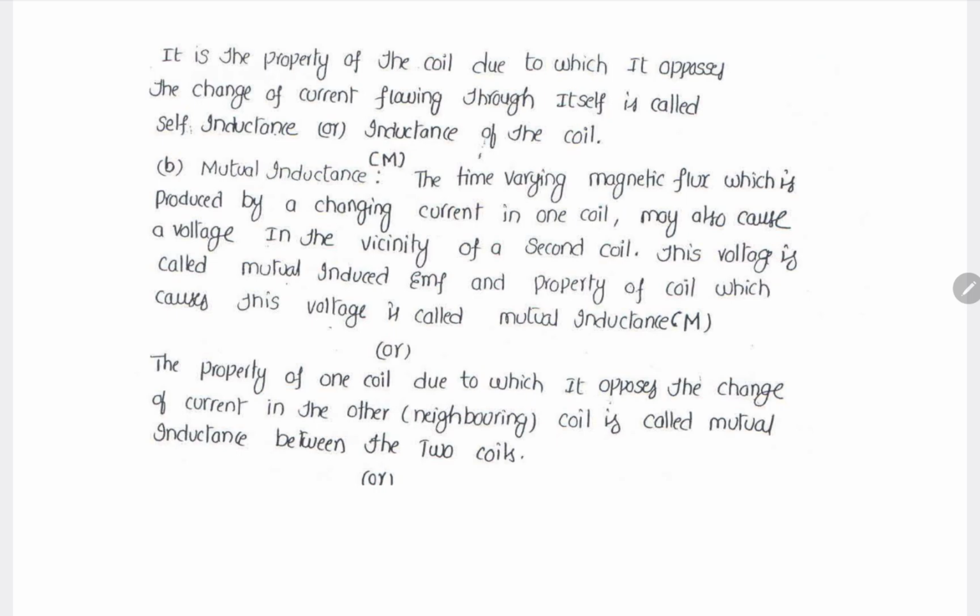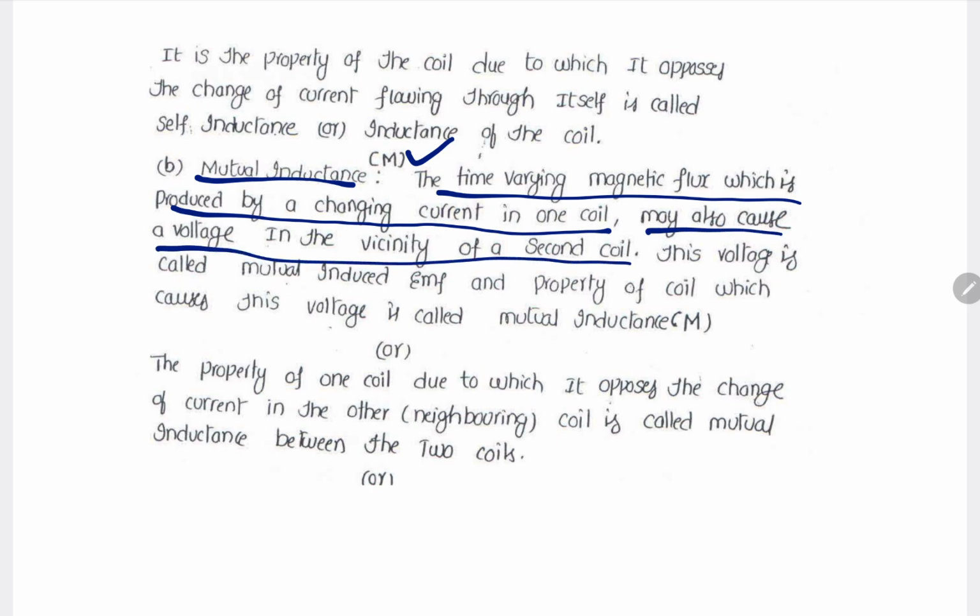Now let us start with mutual inductance, which we denote with M. Here the time-varying magnetic flux produced by the changing current in one coil may also cause voltage in the other coil. So let us say this is one coil and this is the other coil.